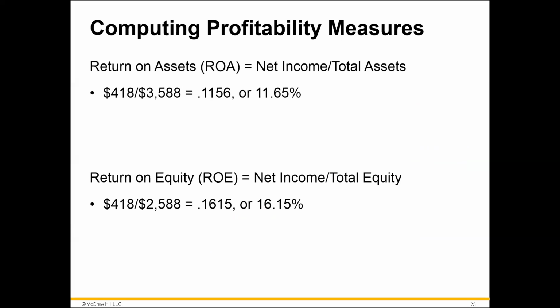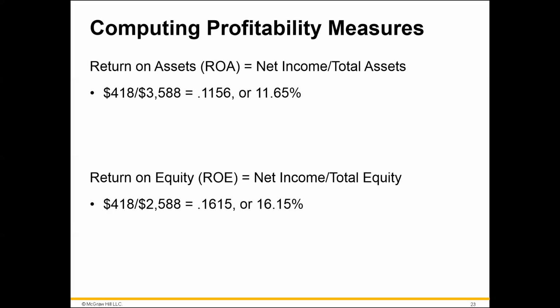Let's see another profitability measure, which is among the most common ratios in ratio analysis, right? The return on assets and the return on equity, right? Return on assets is a measure of the profit per dollar of assets.